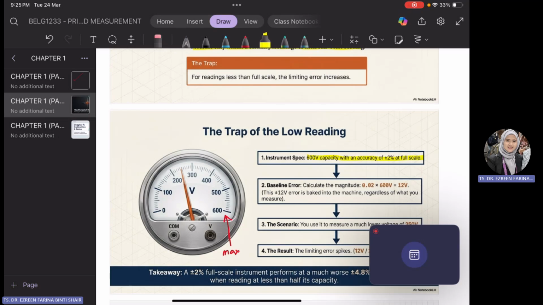We can calculate the limiting error when it is used to measure a voltage less than full scale, for example 250 volts. So this is an example: given a 600 volt voltmeter with accuracy plus minus 2% at full scale.